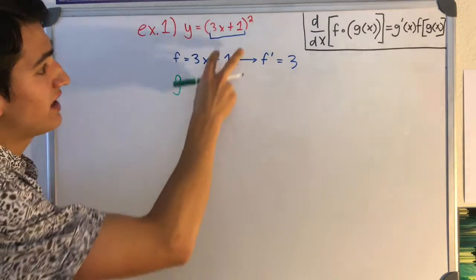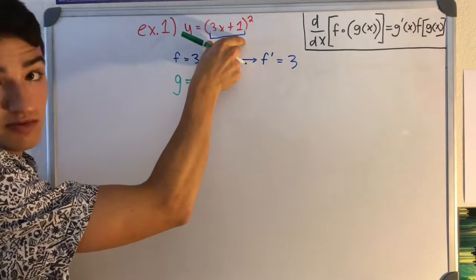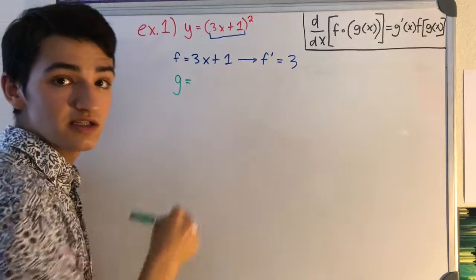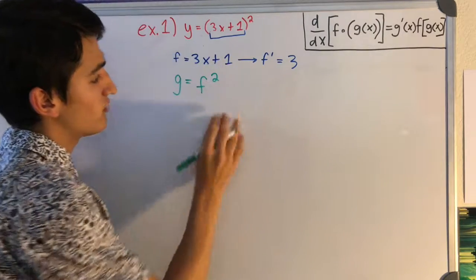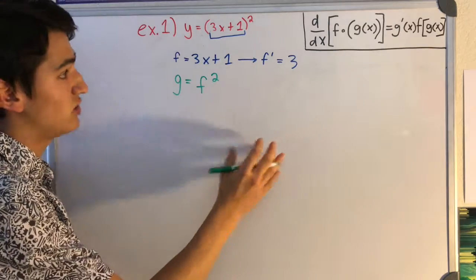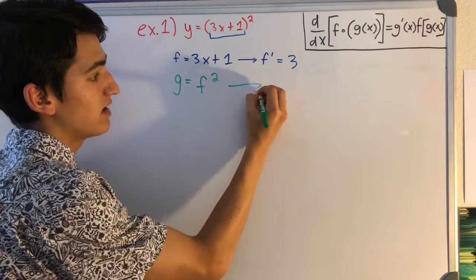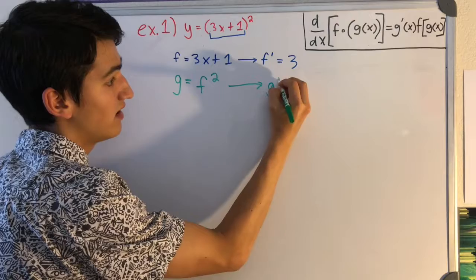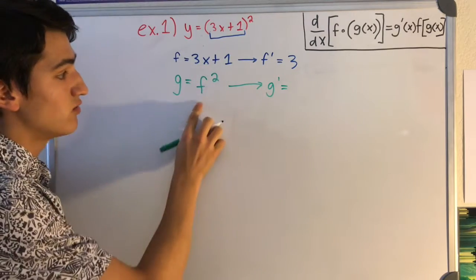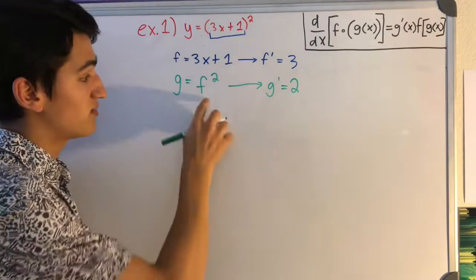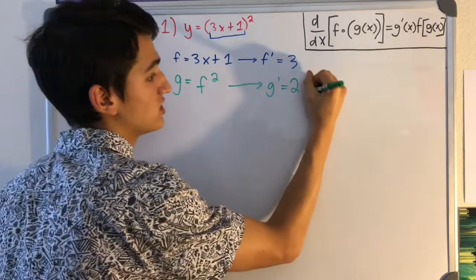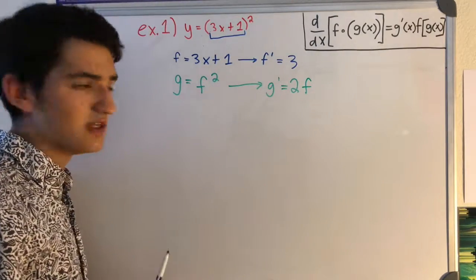And g, we decided, is just f, which is 3x plus 1, raised to the 2nd power, okay? So it's just f raised to the 2nd power. Now, just like we did with the first one, we're just going to take the derivative of it, okay? So g prime equals 2f. Now we're taking the derivative with respect to f, so it's just 2f. All right, pretty easy stuff.